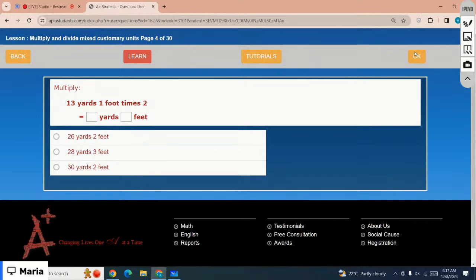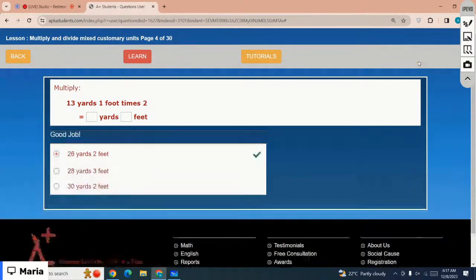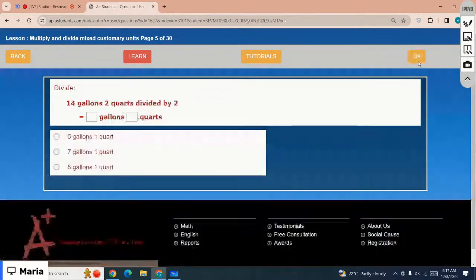Option number 1 is the correct option. Okay, 14 gallons, 2 quarts divided by 2, which is the correct option? Yes, when you divide them by 2, that would be 7 gallons and 1 quart. Option number 2 is the correct option. 7 gallons, 1 quart.